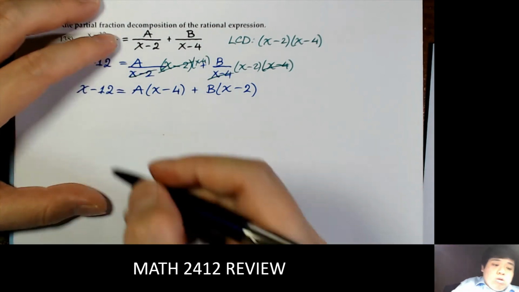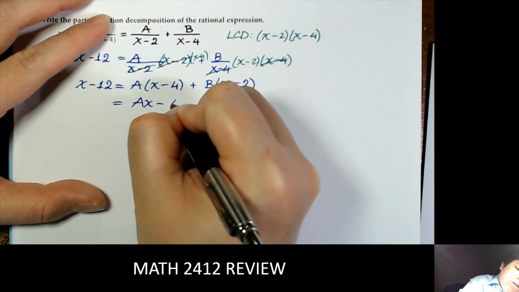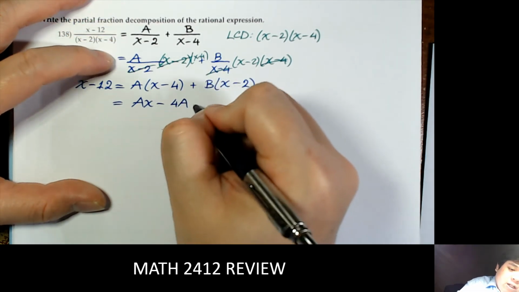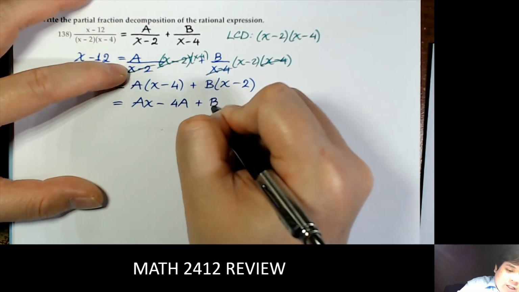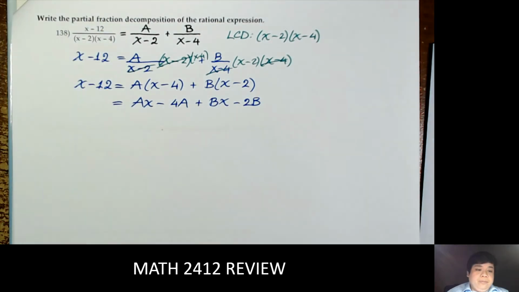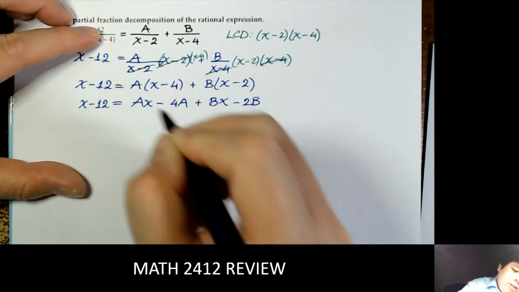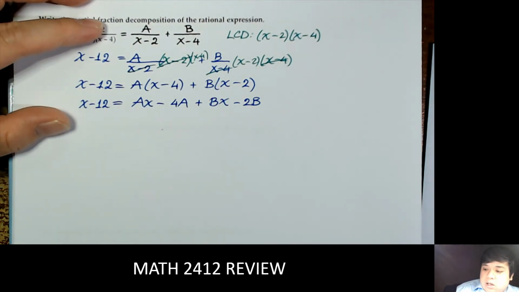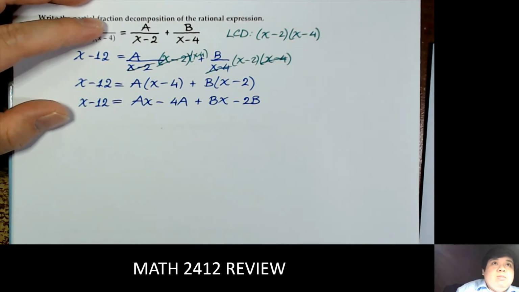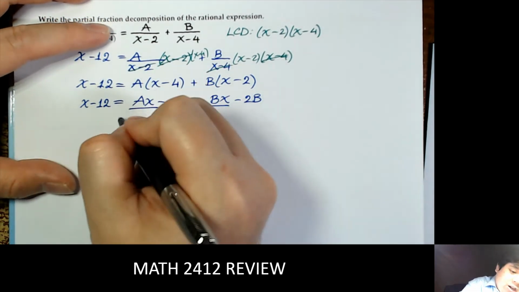Multiply it out. Ax minus 4A plus Bx minus 2B equals x minus 12. Now combine like terms. Those are the x's.